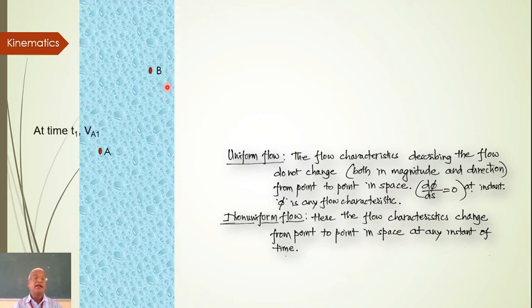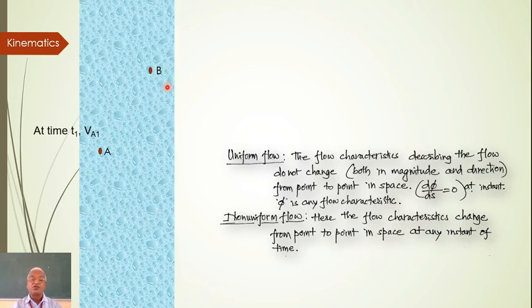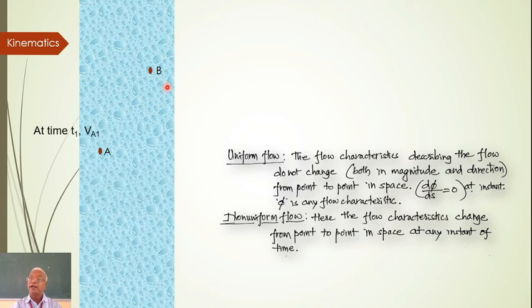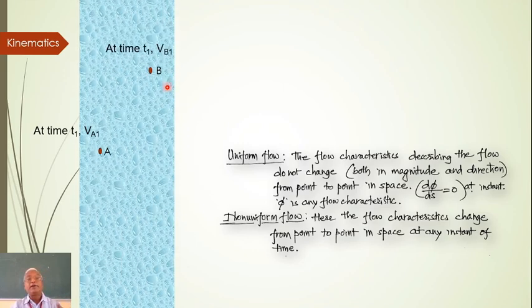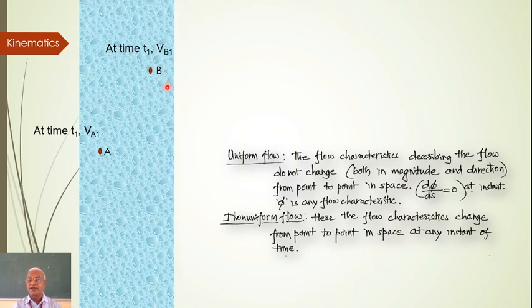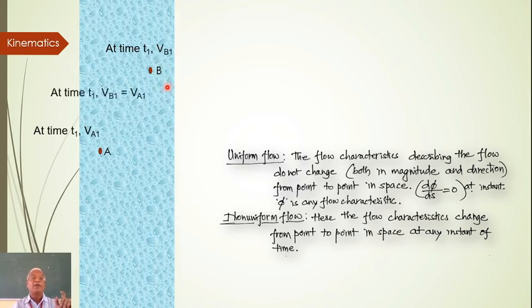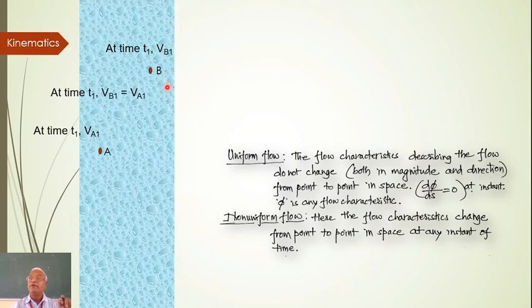Let us say at time t1, like I told you, let's say it is 12 o'clock, and 5 meter per second is the velocity at point A, and at point B at the same instant t1, the velocity is vb1, and let us say at time t1 both va1 and vb1 are the same.